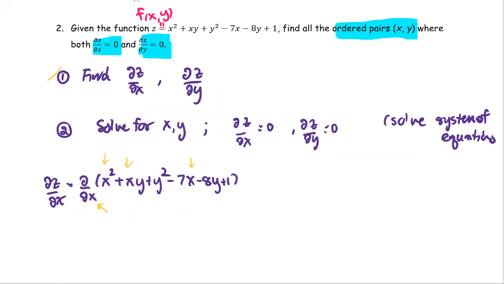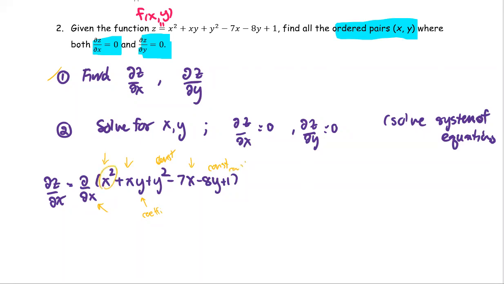You're going to see y as a constant term. Even though x is multiplied by y, we treat y as the coefficient, like x multiplied by the number 2 or 3. So we just see y as a number, and this one also as a constant. So there's a constant term here, here, and here.